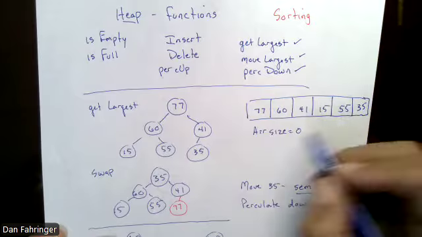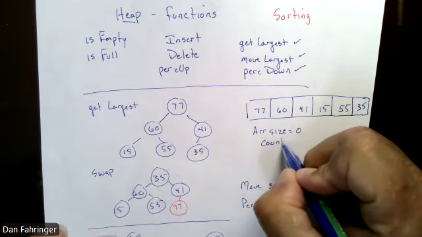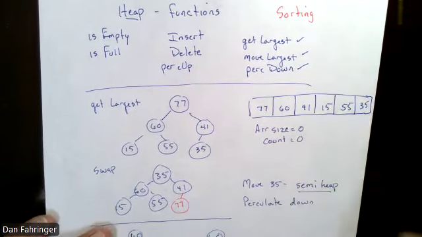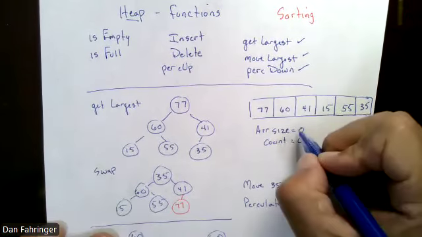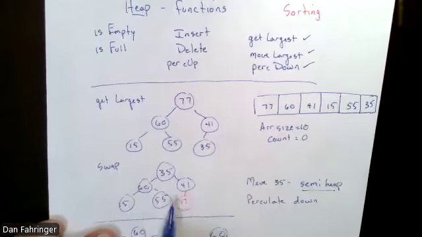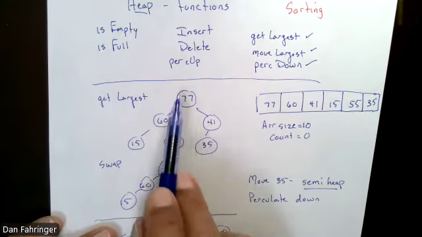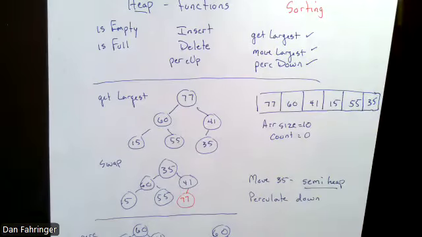That's not very good. We have a count. We would need that to be some sort of number. And we were talking about that to be 0. Array size might be 10. We might need a working count of how many I'm working with. Here I was working with 6. Now I'm only working with 5.